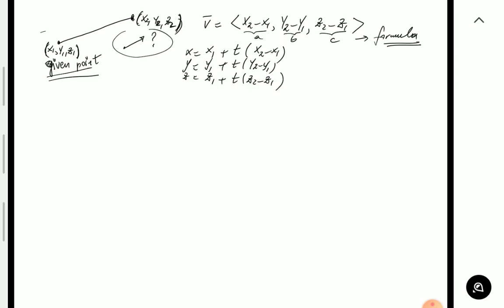This is the full line. Now the question is, what restriction should I make on the domain for t so that I get only the line segment, not the full line that extends on both sides of those points?